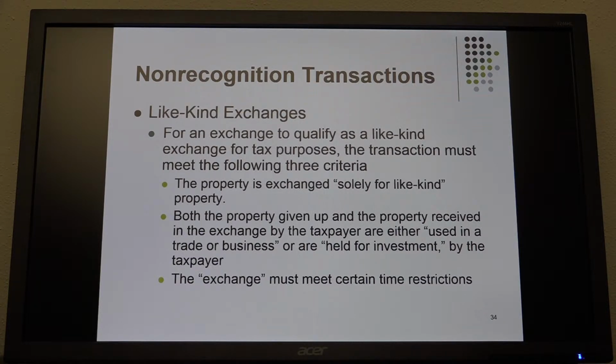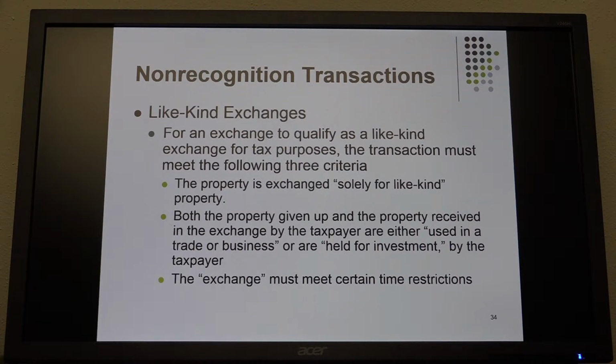For an exchange, and what you're trying to do here, again, this is under the heading of non-recognition transactions. If you exchange one piece of property for a like-kind piece of property, what's the effect of this? Well, you're not putting off permanently the recognition, because that certainly is a sale or exchange.